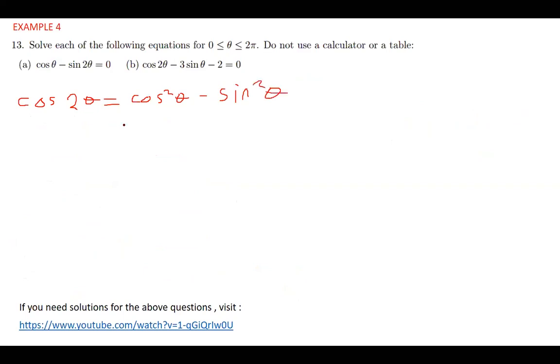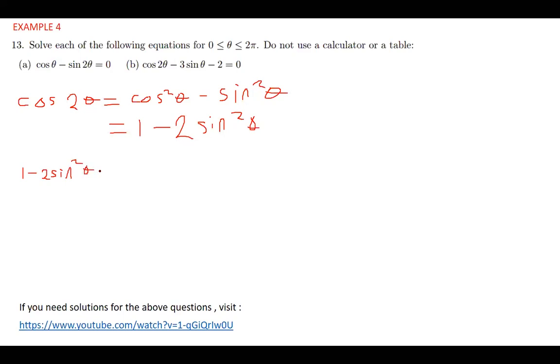which can also be written as 1 minus 2 sine squared theta. So where there is cos 2 theta, you can replace it with 1 minus 2 sine squared theta.